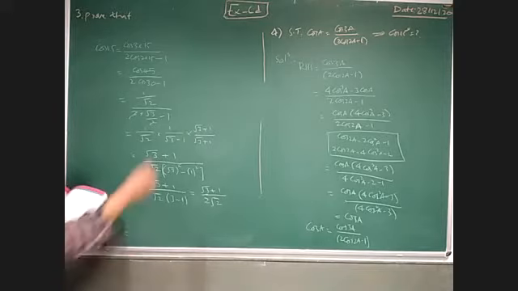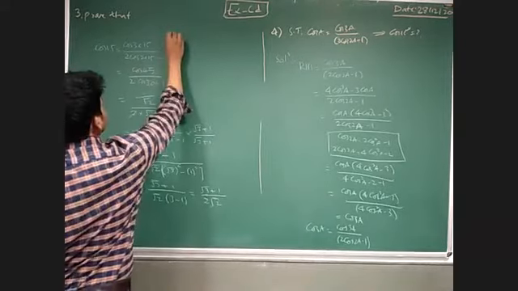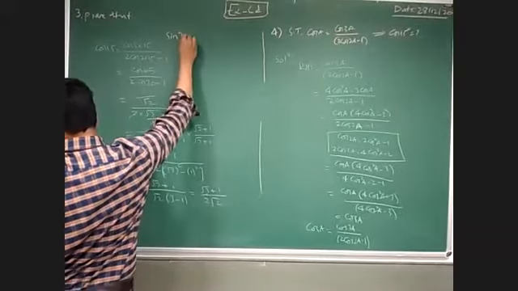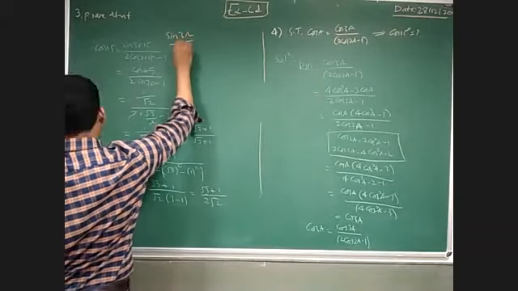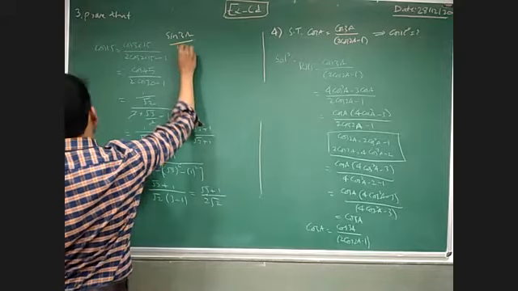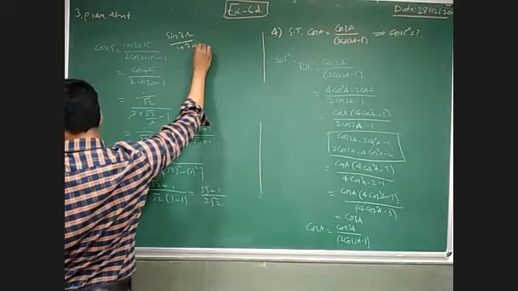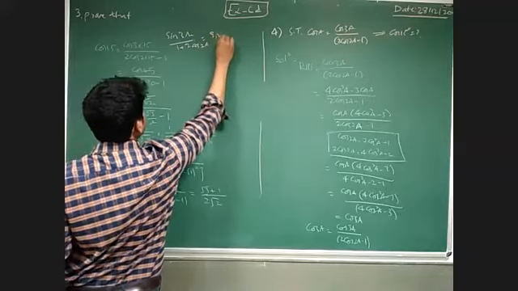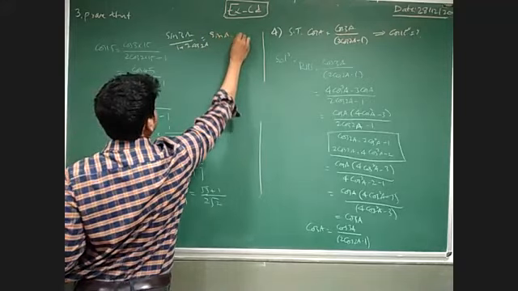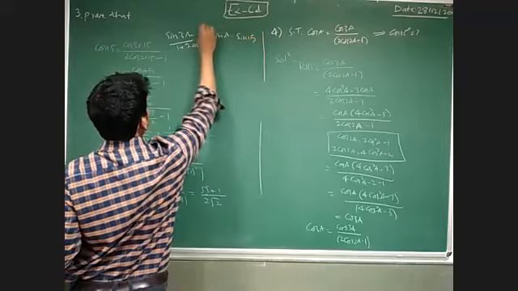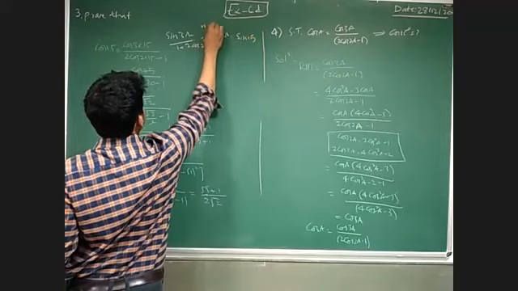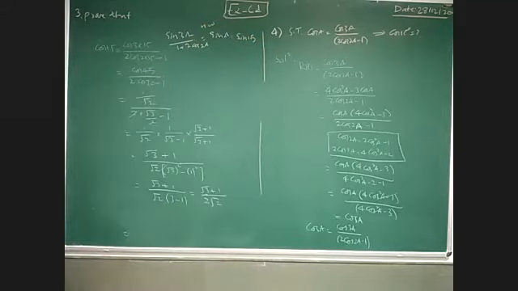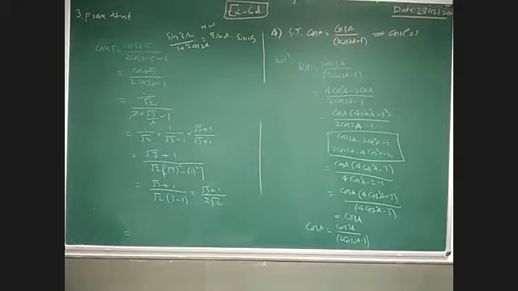Question number 2, that is sine 3A by 1 plus 2 cos 2A is equal to sine A, and you have to find sine 15. That problem is going to be homework. Okay, now we are going to see the third question.